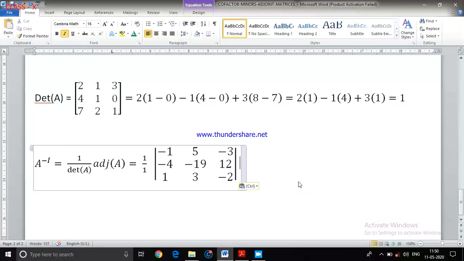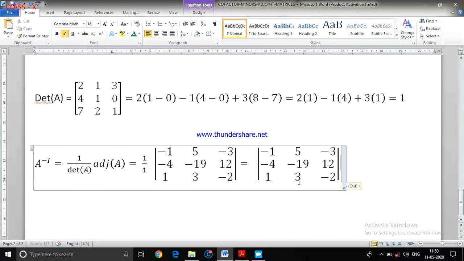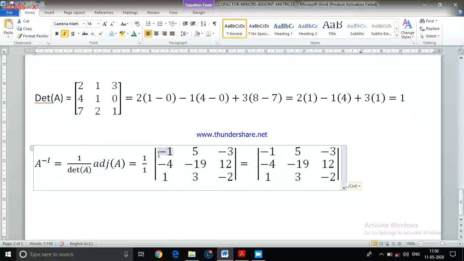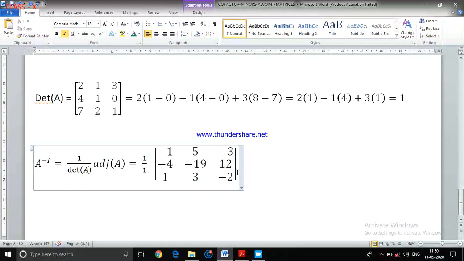So this equals, again the same matrix will come, because this is 1 upon 1, which is 1. 1 has to be multiplied with each and every number, so 1 will remain 1. Just a minute, we made a mistake here.